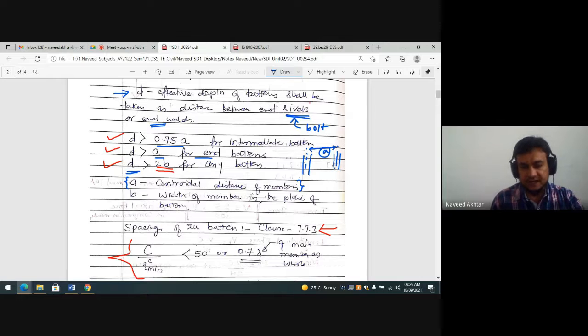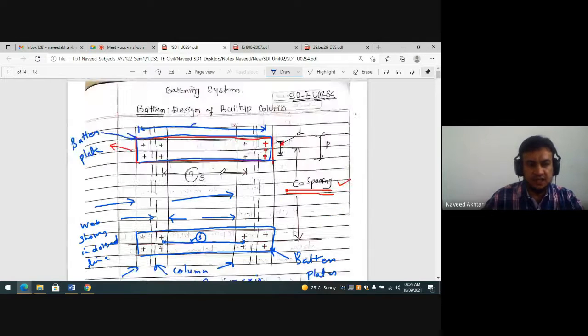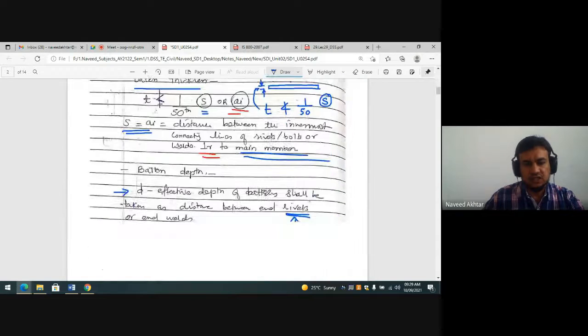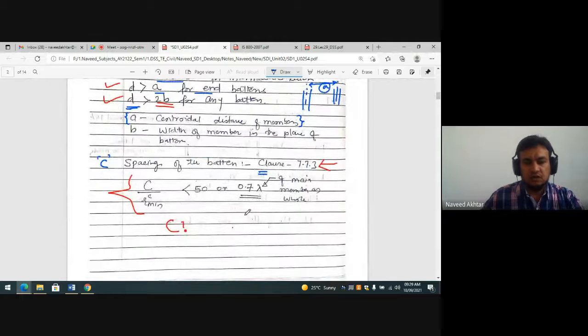The spacing of batten is denoted by c. As you saw earlier in our figure, the centre-to-centre distance between these battens is called spacing, and it is denoted by c. Now c divided by r minimum should be less than 50 or 0.7 times lambda of the main member as a whole.